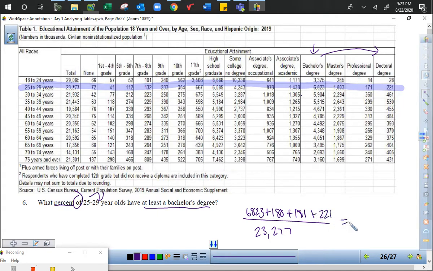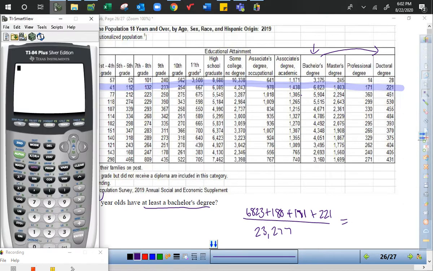And what you want to make sure of when you're typing this in your calculator is that you total that first part, the numerator there, first, and then divide it. Because if you just add it all together and then divide it, it's not going to quite work. So two options here, and I'll go ahead and walk you through this one. 6823 plus 180, then plus 171 plus 221.